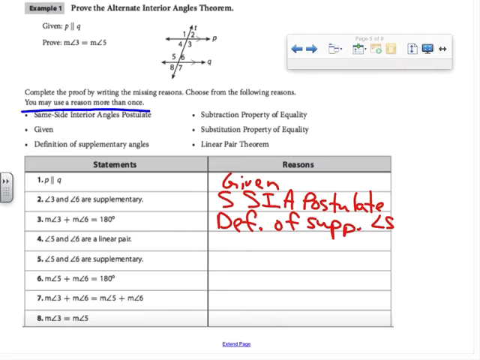So angles 5 and 6 are a linear pair. The instructions say complete the proof by using the following reasons. The book considers this to be given from the diagram.